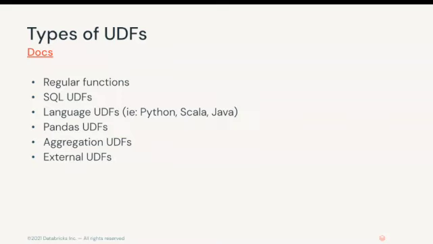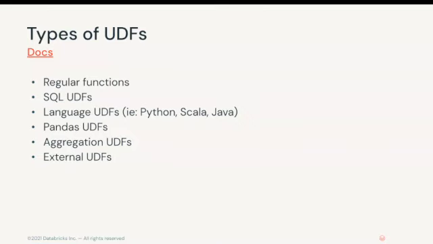So I'm going to go through the list of the different types, and then we're going to walk through most of these in a little sample notebook that I created for this webinar. There are regular functions, not officially UDFs, but they do the same thing. UDFs you can do in SQL, ones that you can do in different languages that we support.